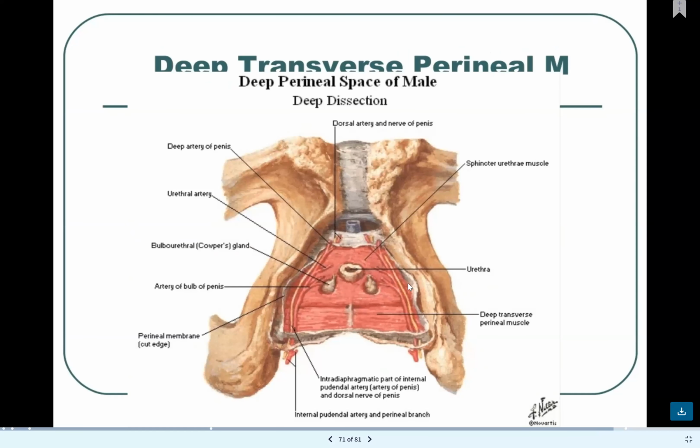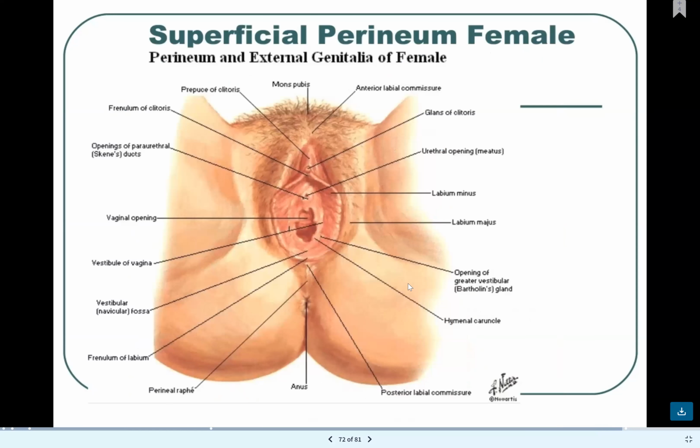So just showing pictures. So you are looking at the vagina, the urethra, and then these are all the external genitalia. This is the labia majora, and then the minora inside here.